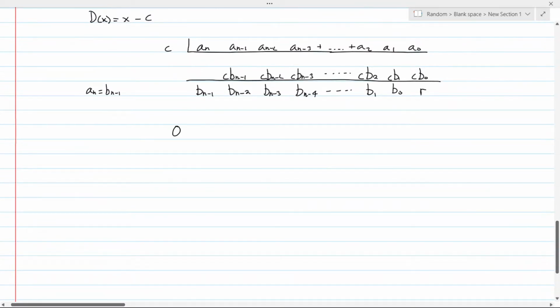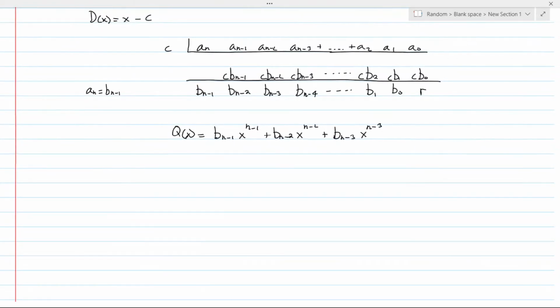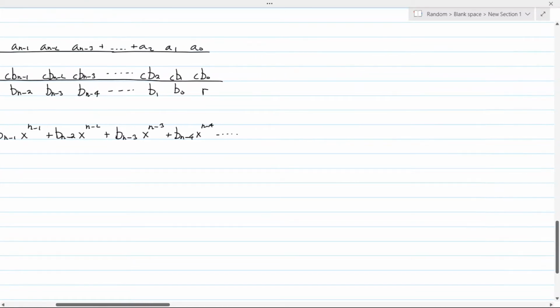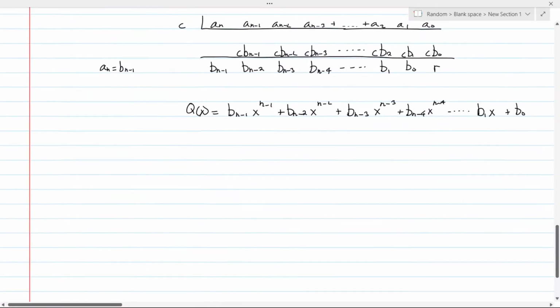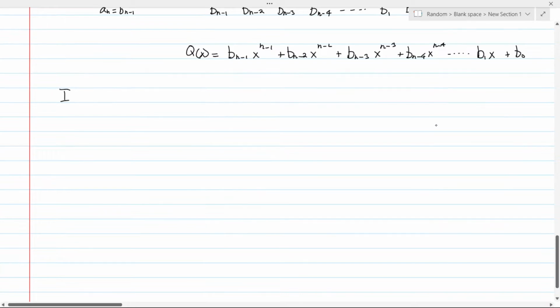And the quotient. If the polynomial p of x is divided by the divisor x minus c, then the remainder is p evaluated at c.